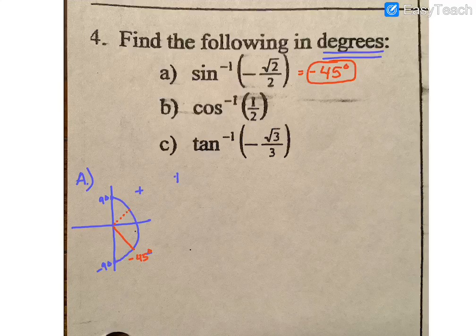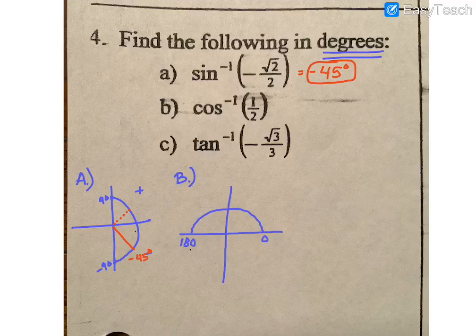Part B is cosine inverse. And when we think about our possible output values on cosine inverse, remember cosine is the one that is the half circle that is on top. We say that the output values for cosine inverse are 0 to pi, or in other words, 0 to 180 degrees. So when does cosine equal 1/2?